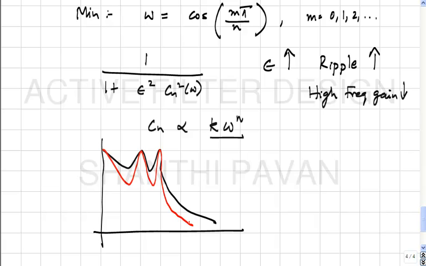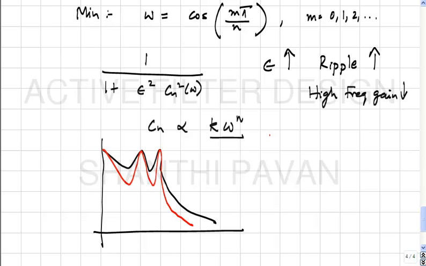You understand? So increased ripple. I've shown this here for a Chebyshev filter. It turns out that this is a general rule. If you want to have very tight control over the pass band, then you will not have a very sharp roll off.